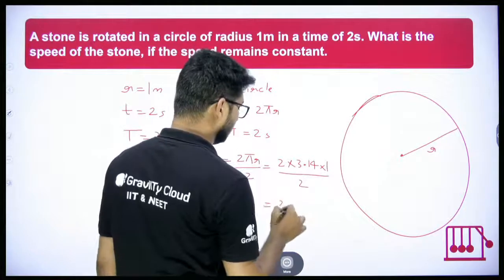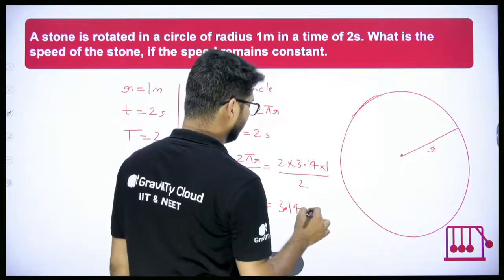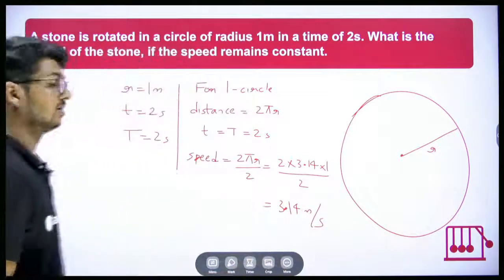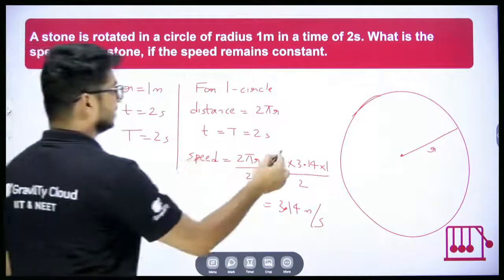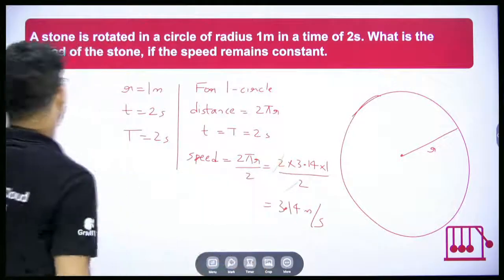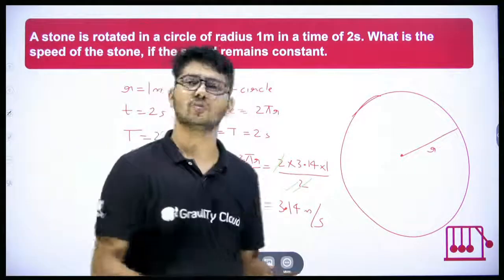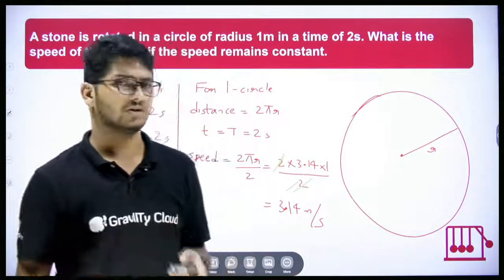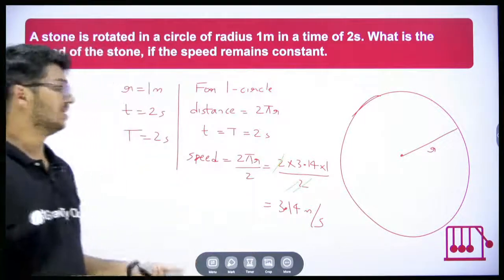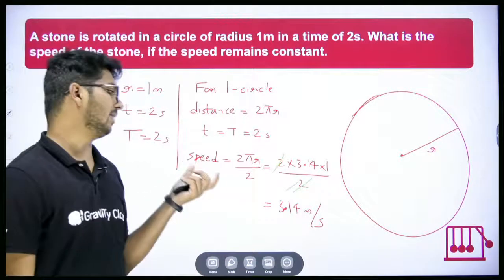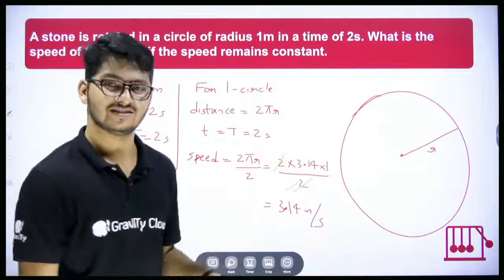Time is 2. It will be 3.14 meter per second. Why 3.14? Because you can see the 2s cancel. What will remain? Yeah, 3.14 or 22 by 7. You can take it in decimals or in fractions. Okay? Simple, right? Get distance, get time, use the formula, you'll get the answer.